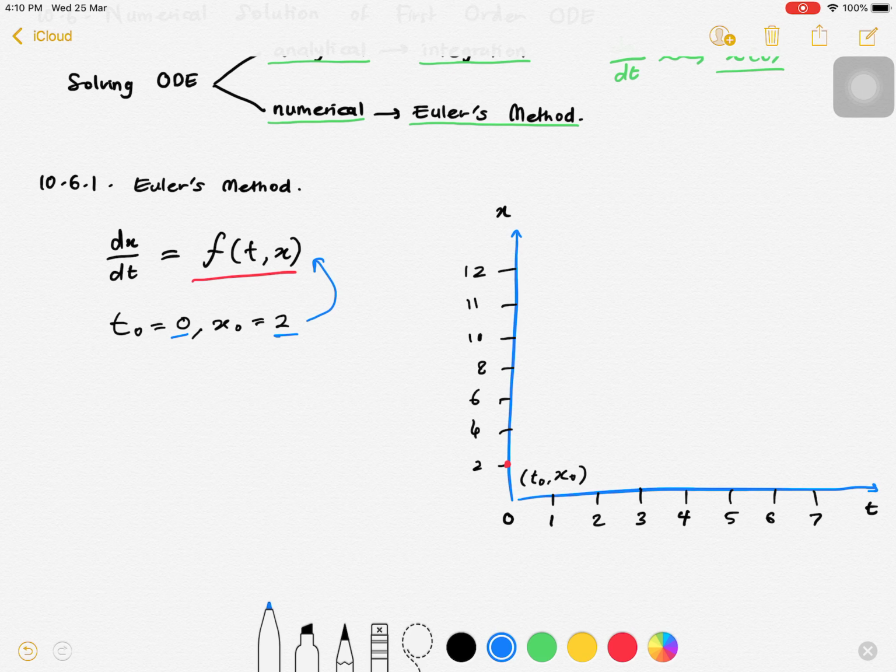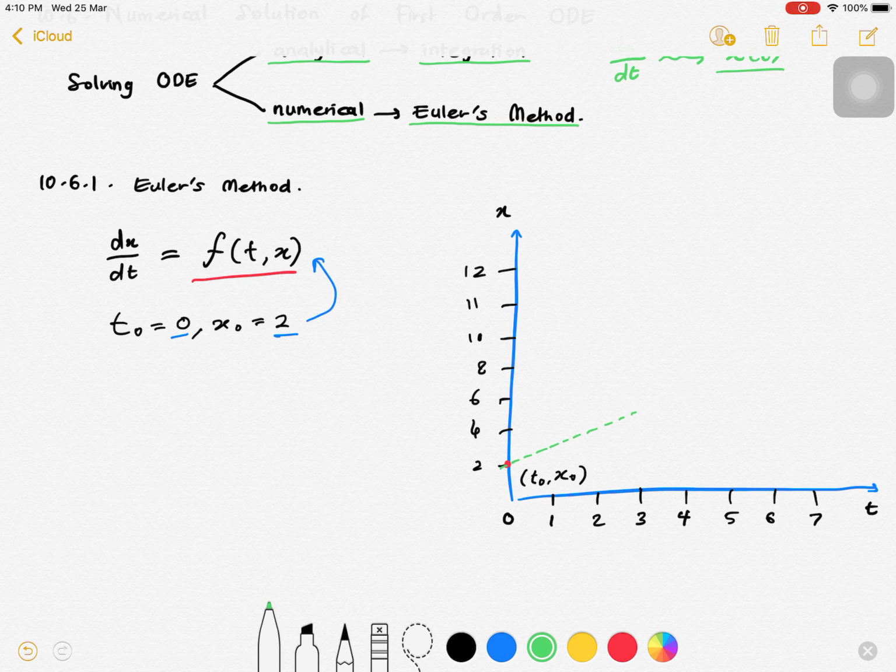So for example, we get a positive value, so we will have a positive gradient. So we can draw the gradient from that particular point. For example, it will be like this. So we have known the gradient at that particular point.